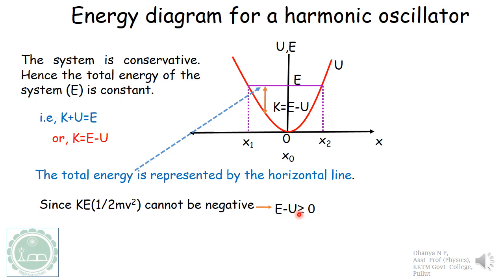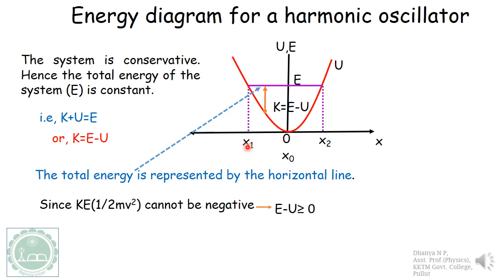The system can go up to positions x1 and x2, on either side of the 0. In other words, motion is restricted between x1 and x2 for the harmonic oscillator.